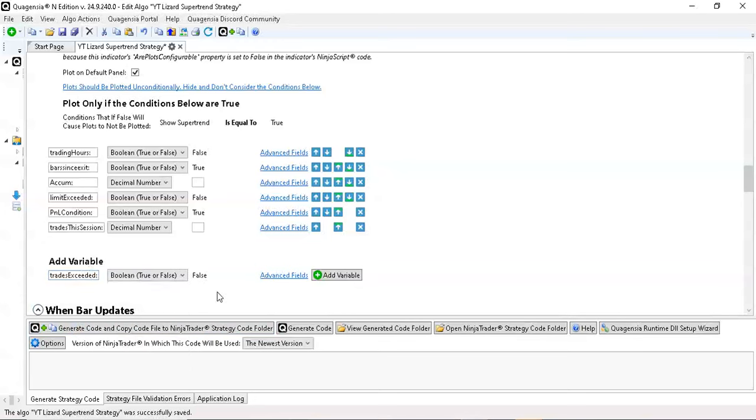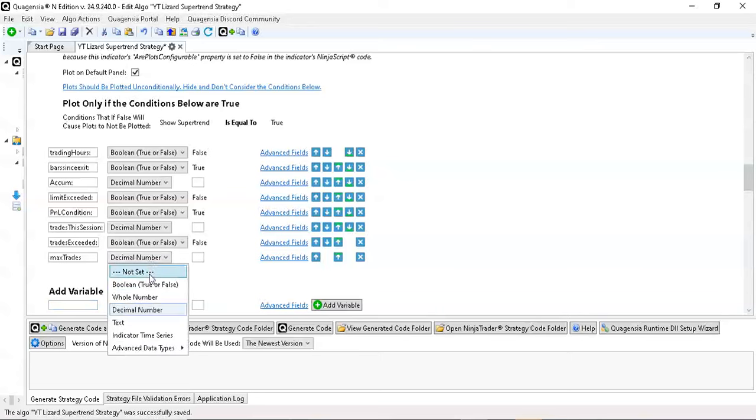Make this a boolean. Make that a boolean.